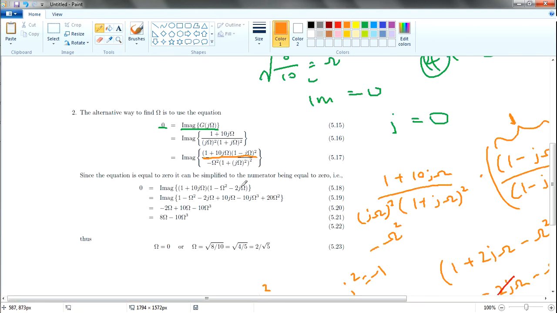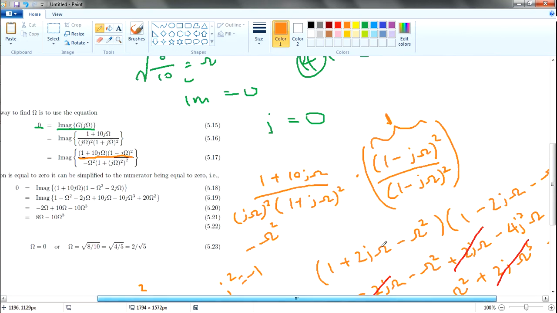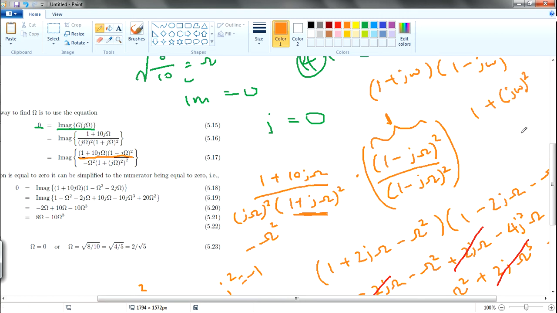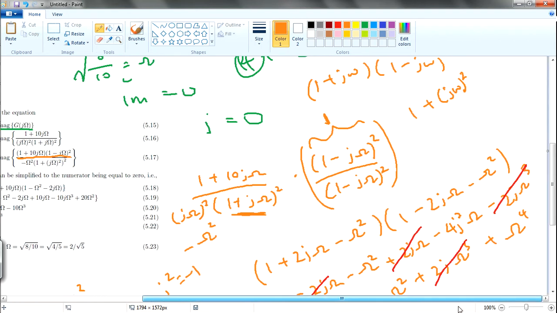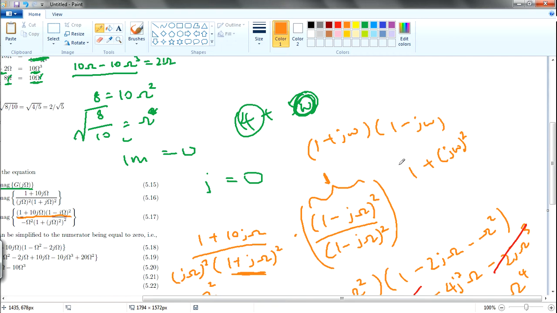What I want you to know is that typically when you multiply a conjugate into a complex expression, let's say you have 1 plus j omega, and you multiply it with 1 minus j omega, the result is 1 plus j omega square. If you don't believe me, let's do it out.